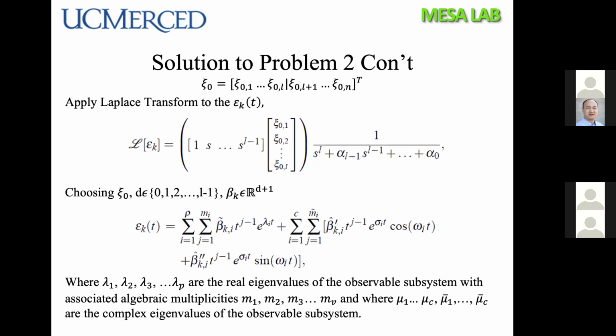Since by assumption the response is monotonic from any initial condition, only components of the form exponential of lambda_i t for real lambda_i can appear in each epsilon_k. This is because, for any real lambda < 0, the function t^(g-1) e^(lambda t) is monotonic only if g equals 1, whereas the functions t^(g-1) e^(sigma_i t) cos(omega_i t) are not.